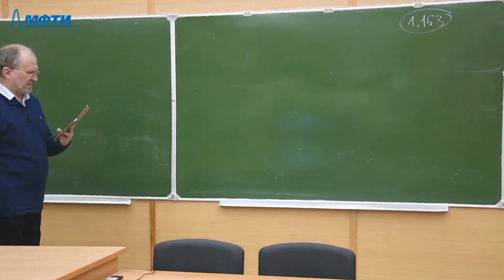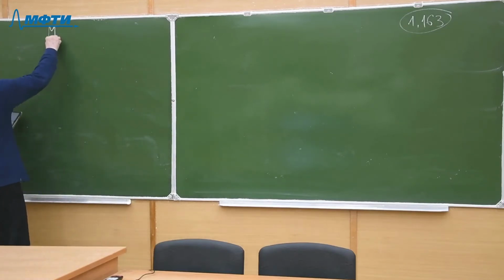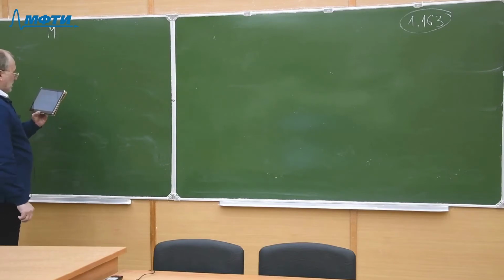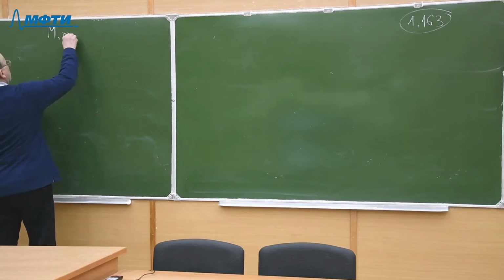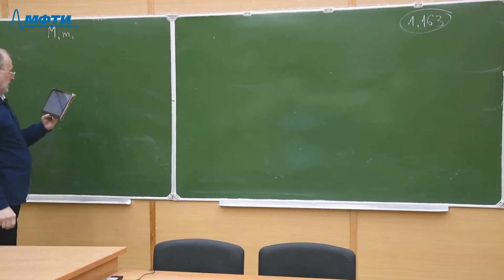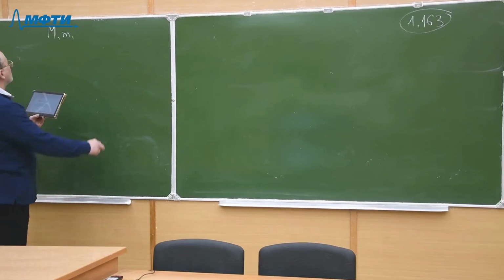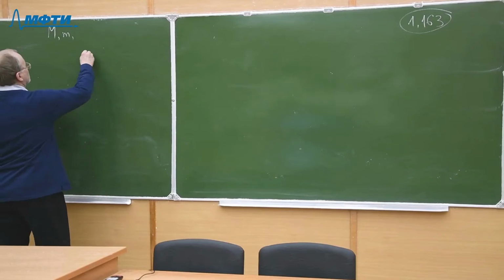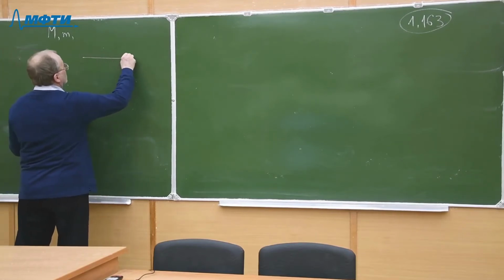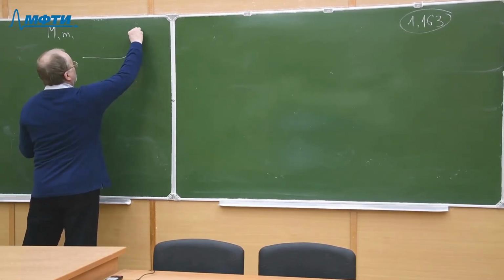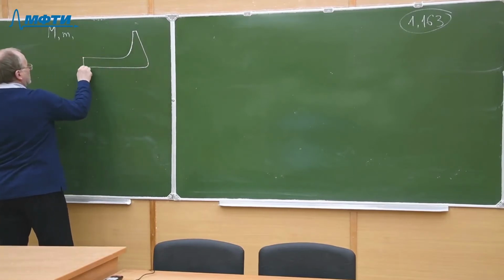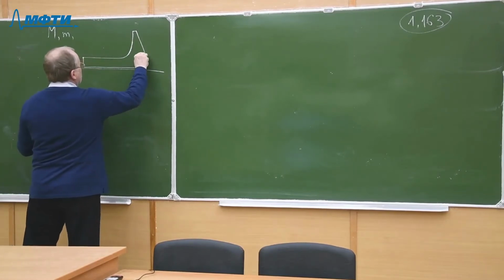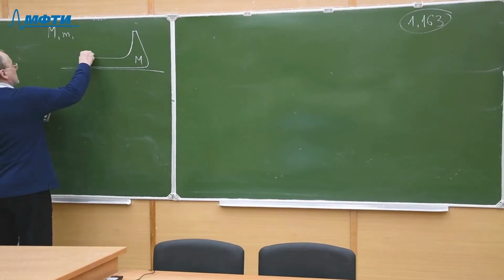A body of mass M with a small disk of mass small m placed on it. I will draw a picture. Here the picture is this. So the body is this, of mass capital M, and the small disk of mass small m is here.